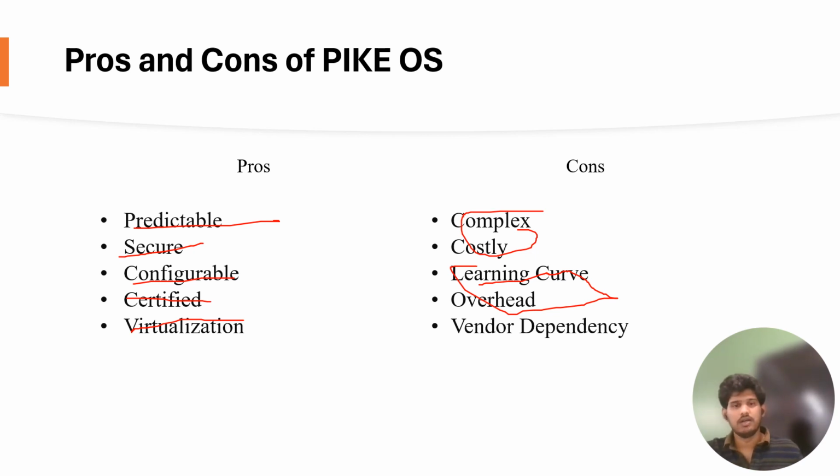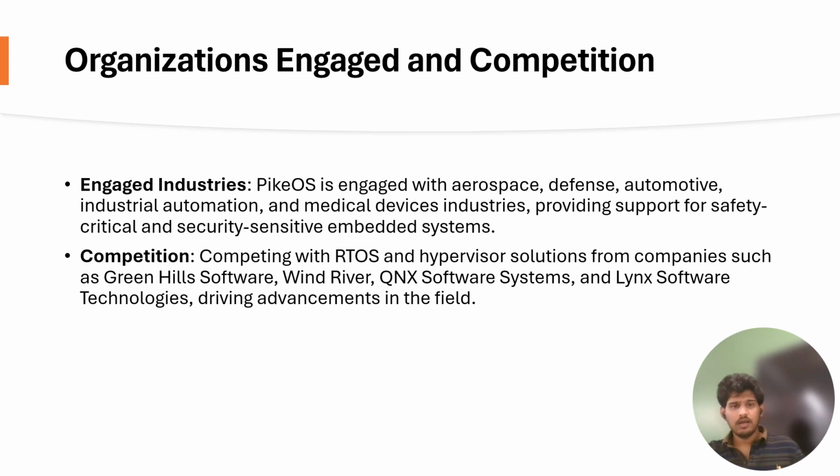So the organizations that are engaged, the industries which use PikeOS, are aerospace, like I have said, some applications that have used IMA4 with PikeOS in their systems in spacecraft, defense, automotive, industrial automation, and some medical devices.